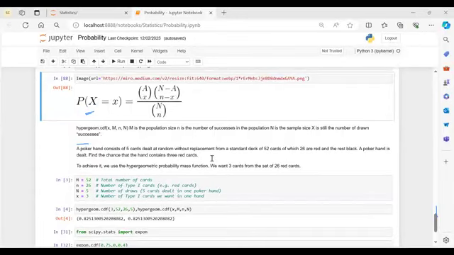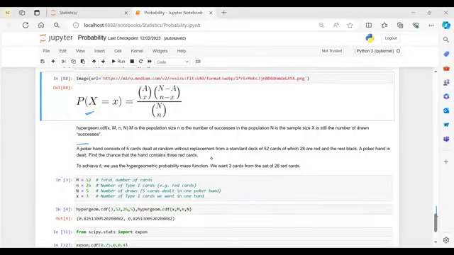So the poker player is randomly selecting 5 cards from the 52 cards. So here the sample size is 5 cards, and the total population is 52 cards, of which 26 are red, and we know that. In 52 cards, 26 are red, and the rest are black.